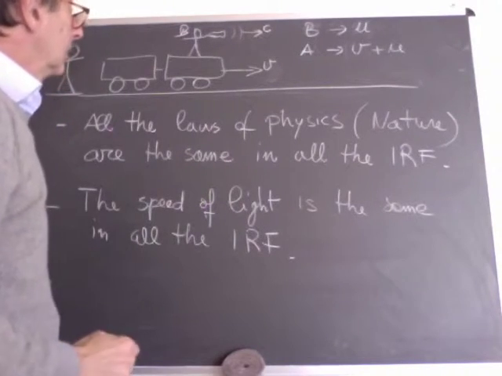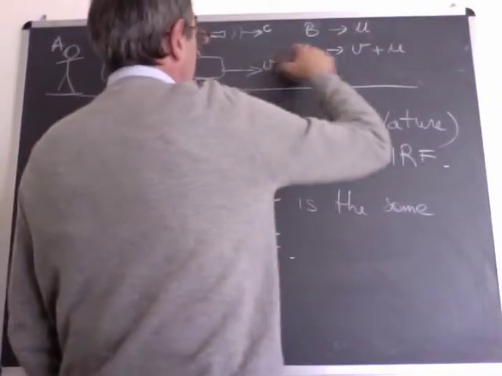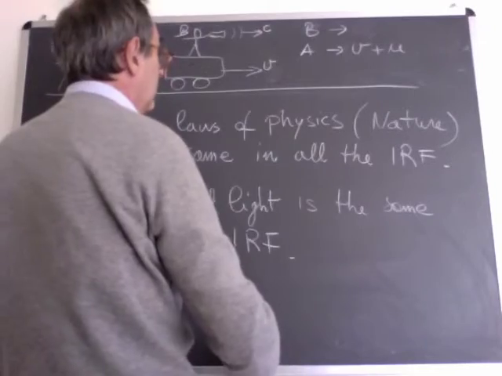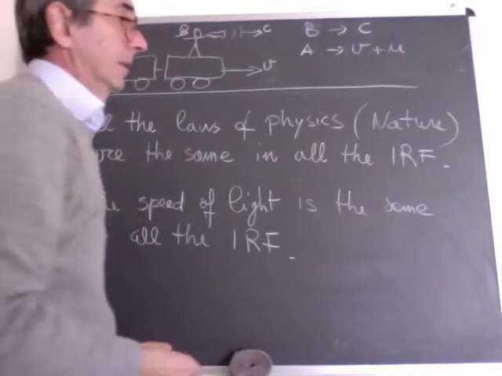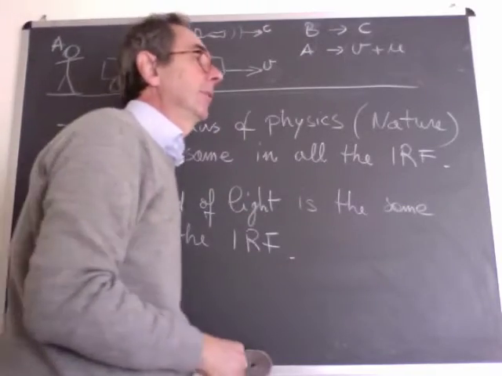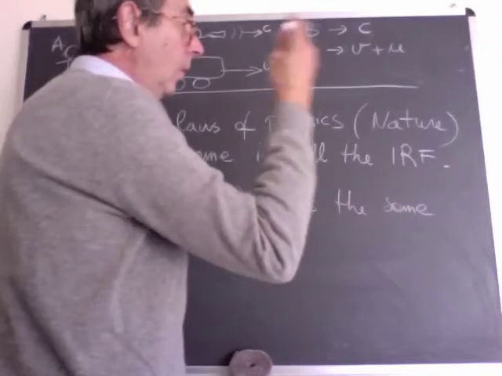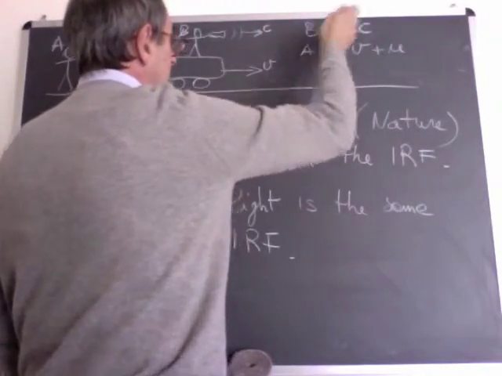So for B himself, the light is going away with the speed of light c, that we know is 300,000 kilometers per second. But it doesn't matter what it is, it is called c, the speed of light.